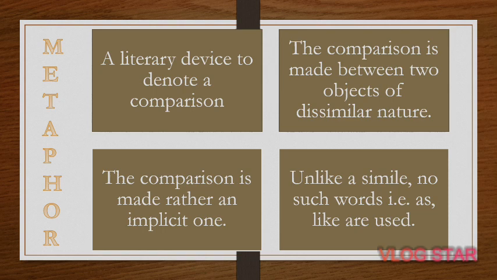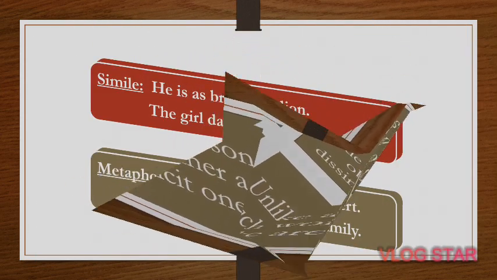The comparison is rather intended, made implicit, and here unlike a simile, we do not use the words as or like to draw a comparison. So this is the basic difference between a simile and a metaphor. Whereas a simile uses words like as or like to draw the comparison, and the comparison is explicit, in case of a metaphor, it is an implicit comparison where no such words as as or like are used.